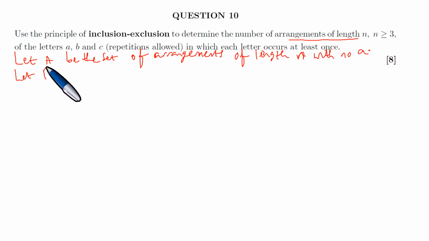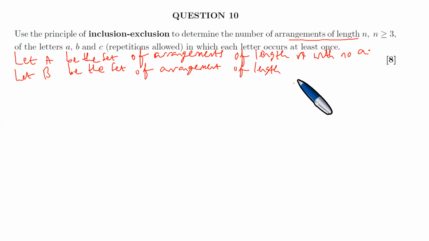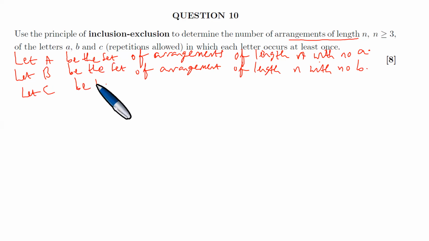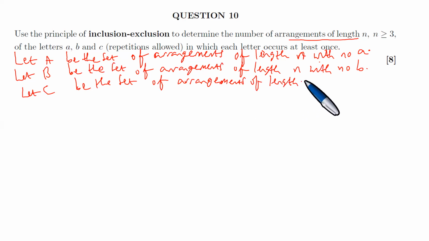So you let B be the set of arrangements of length n with no B. Let C be the set of arrangements of length n with no C. We understand why we are removing: we're saying no A, no B, no C in each of those arrangements.